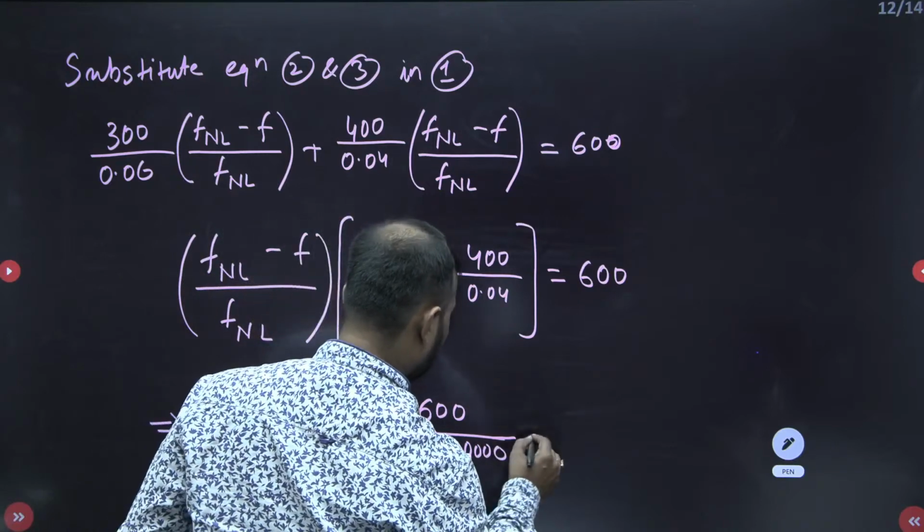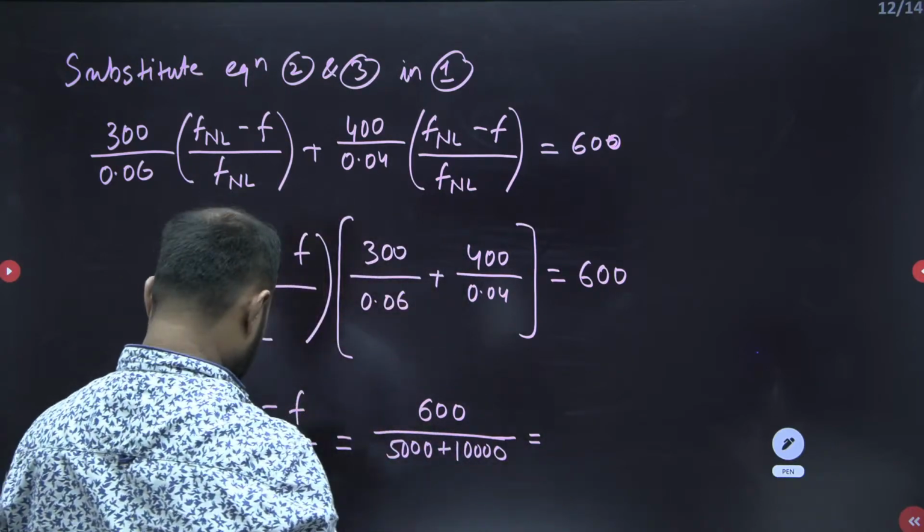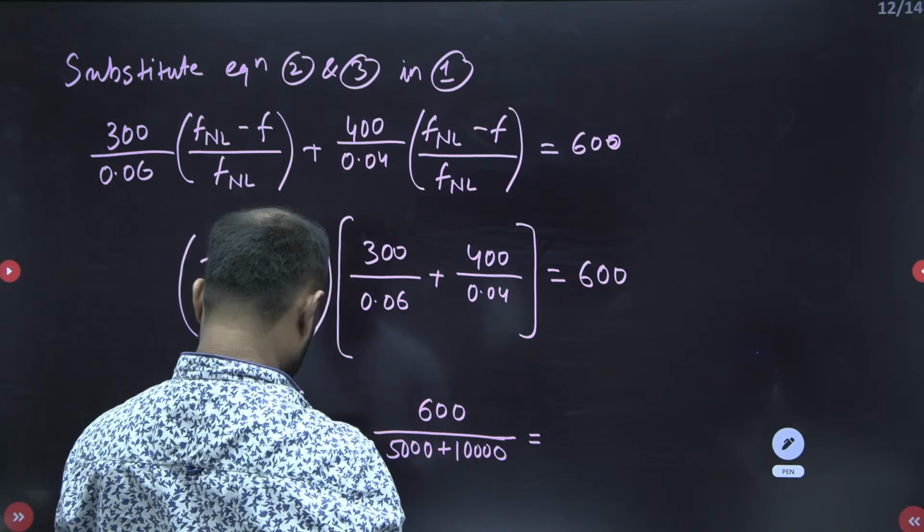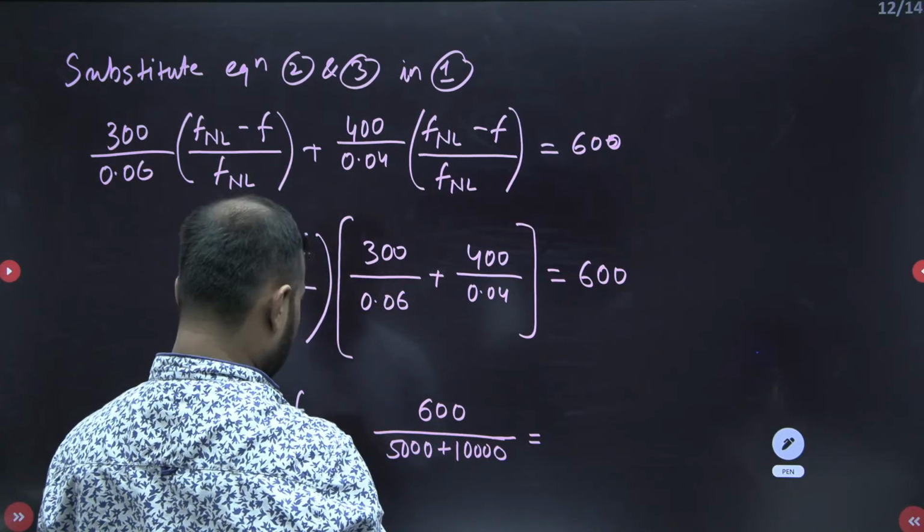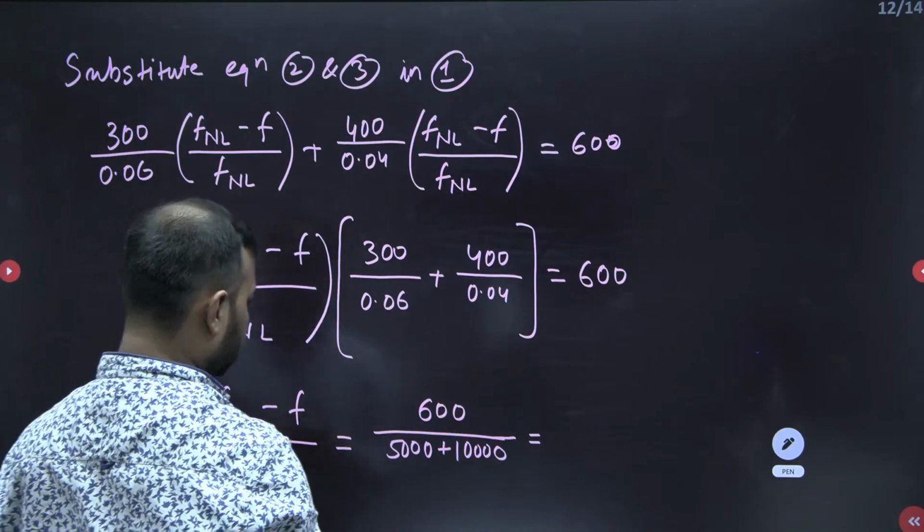So the value is 600 divided by 5000 plus 10,000, this is 0.04.